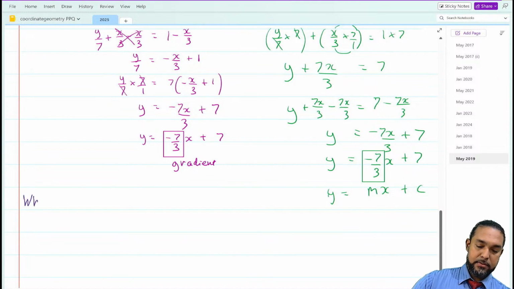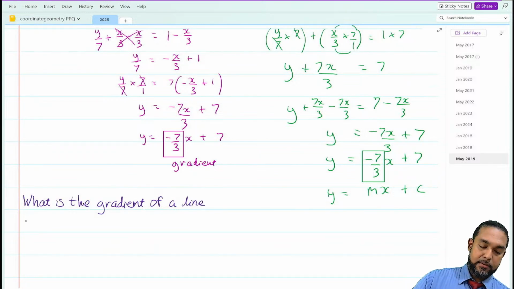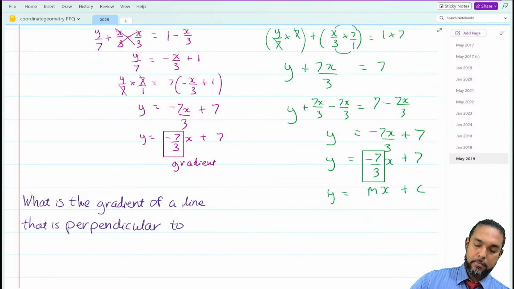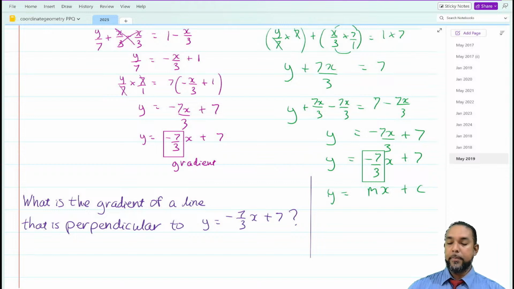What is the gradient of a line that is perpendicular to the above line? Yeah. So that's the question.